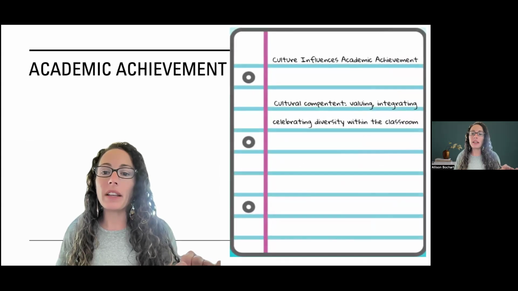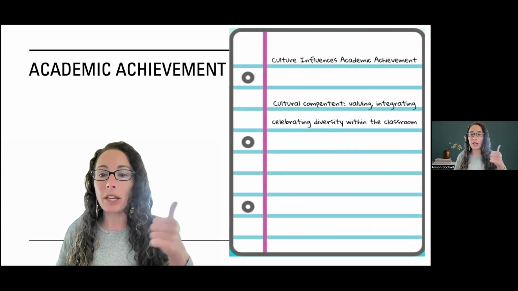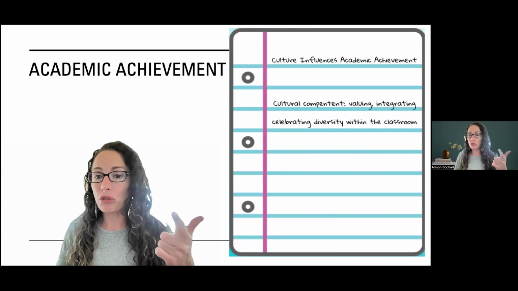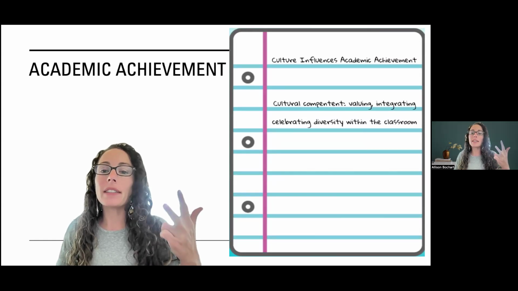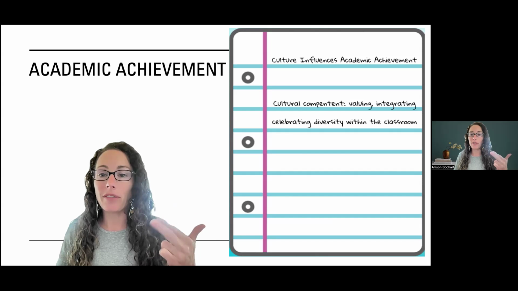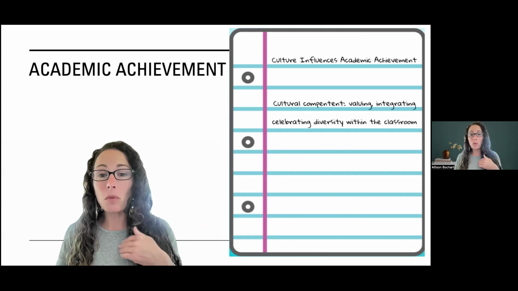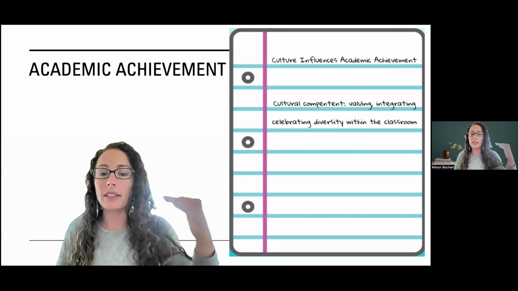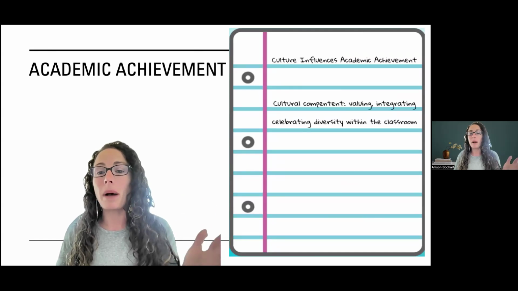Academic achievement is influenced by the academic content, classroom structure, and practices implemented by the educator. Thus, as teachers, we must acquire cultural competencies to ensure our practices include culturally responsive teaching.